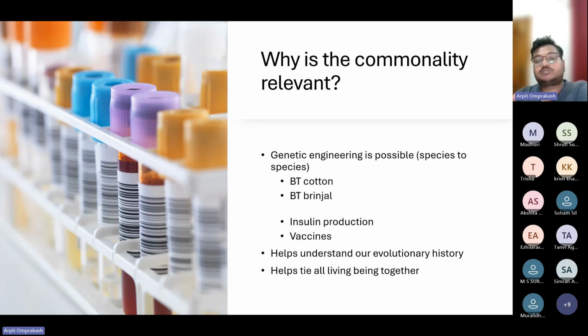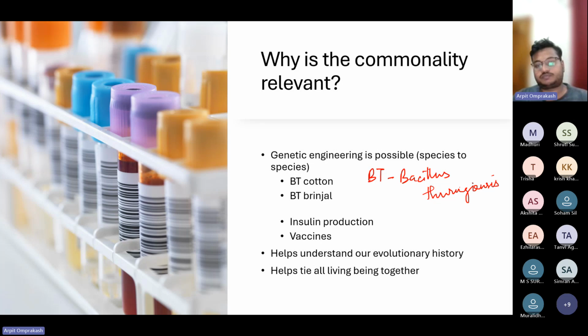So what we have done is produce hybrid species such as BT cotton or BT brinjal, where the BT stands for Bacillus thuringiensis, which is a kind of bacteria that is resistant to different diseases that generally affect the cotton and brinjal plant.